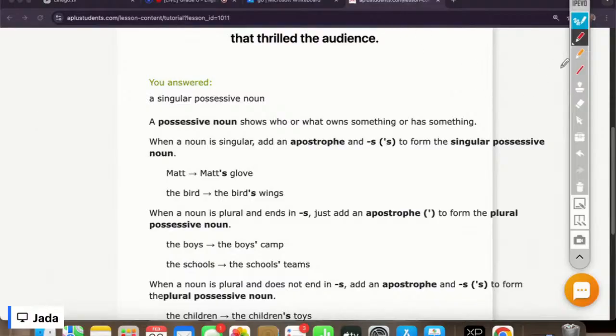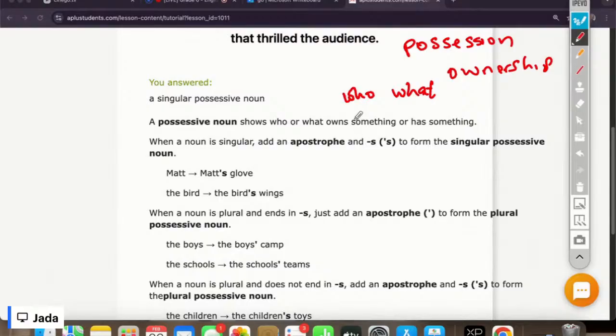Alright, so a possessive noun shows who or what owns something or has something. So it shows possession and ownership. Okay, so that's what the possessive noun shows us.